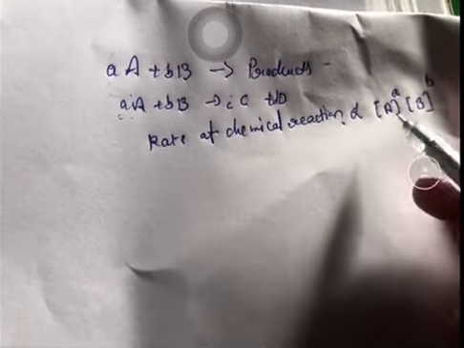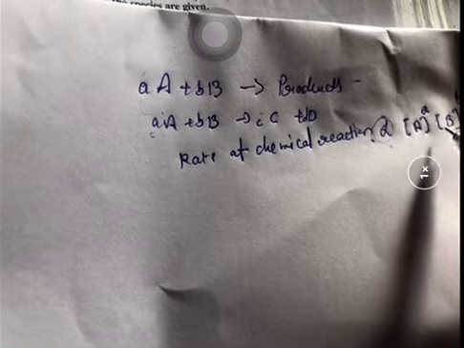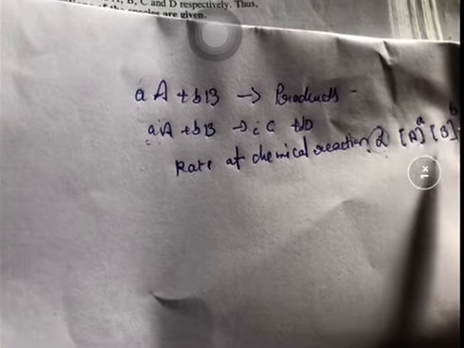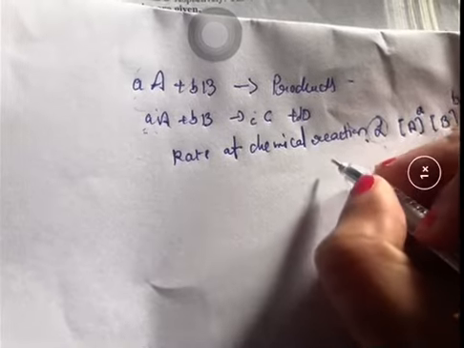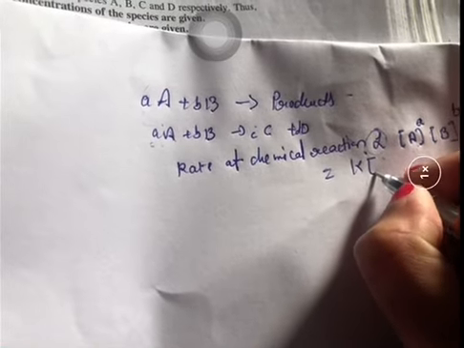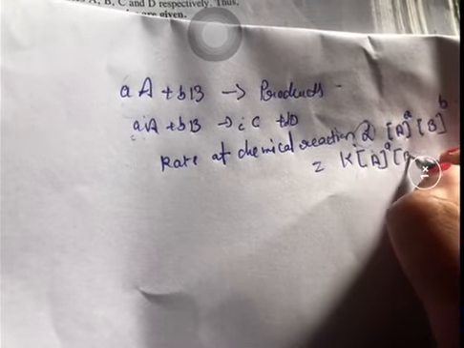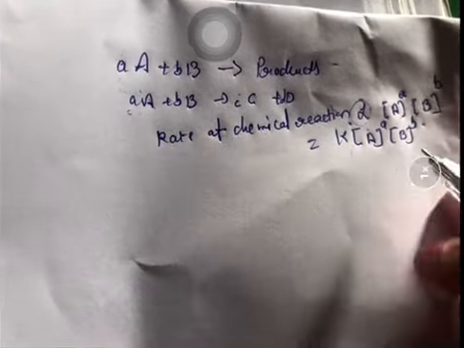Clear? So to remove the proportionality, I will use K. K is the rate constant for this reaction. That is, K equals the product of molar concentrations. Clear?